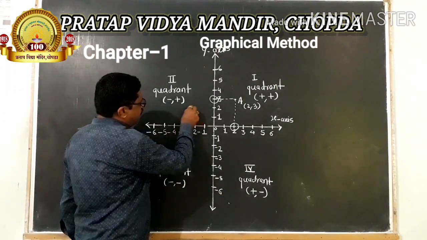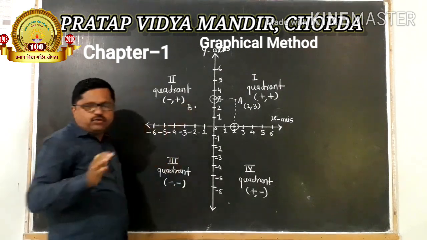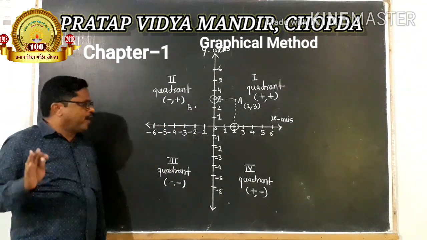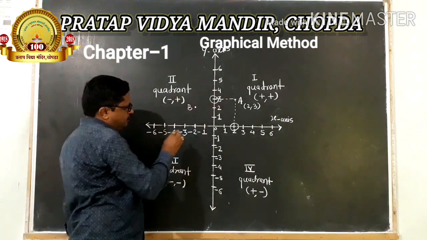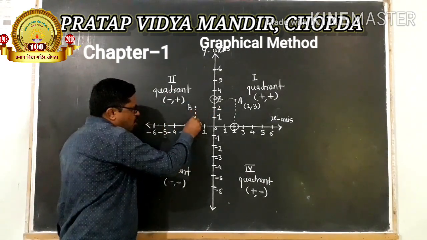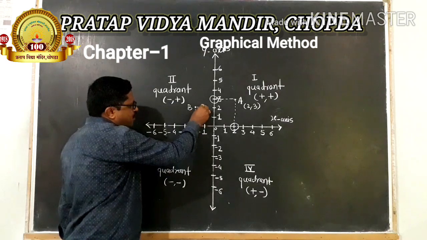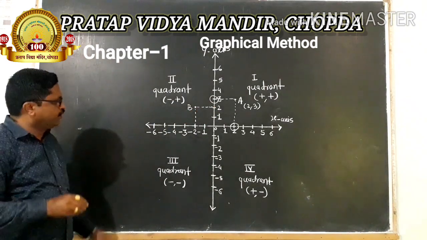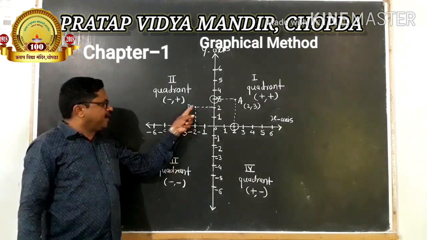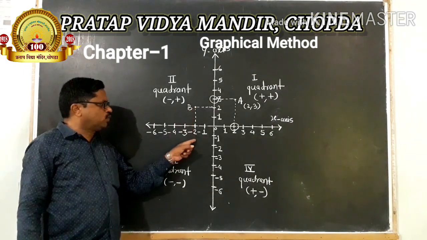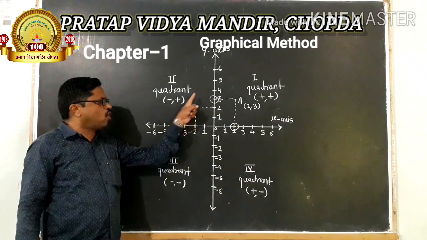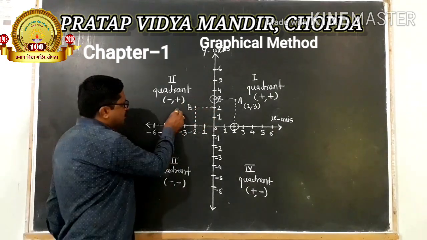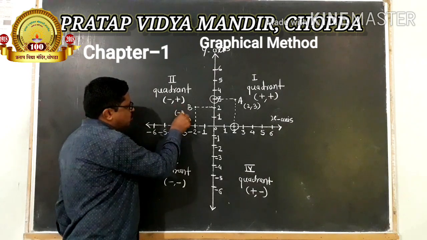This is point B, and if you want to find the coordinates of point B, you have to do the similar thing. Draw a perpendicular on the x-axis and again draw a perpendicular on the y-axis. Then you will see the x coordinate of point B is minus 2 and the y coordinate of point B is plus 2. So we can write the coordinates like this: -2 and 2.